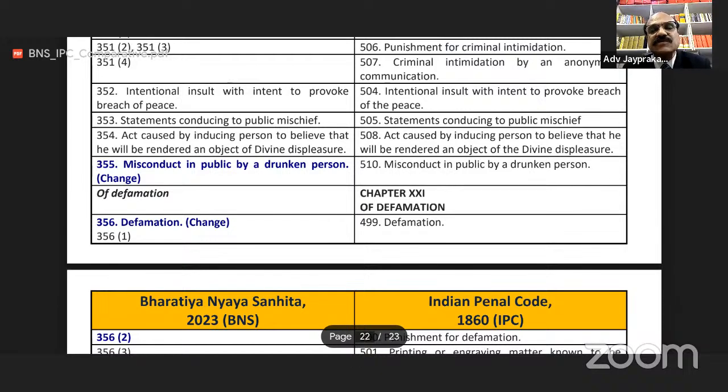Its corresponding section was 505. BNS section 354, act caused by inducing a person to believe that he will be rendered an object of divine displeasure. Its corresponding section was 508 of IPC.